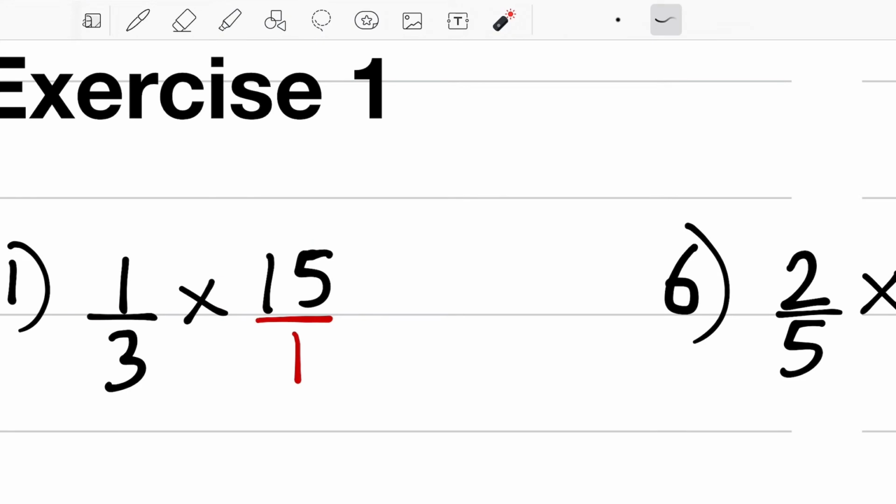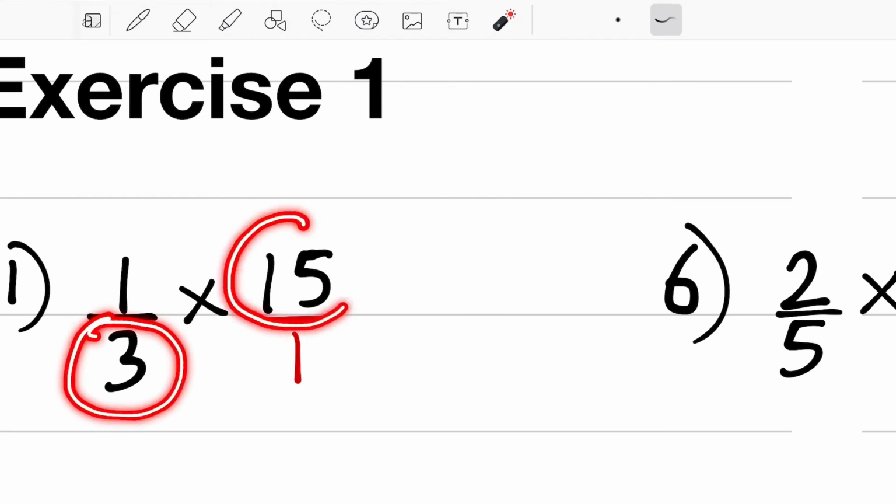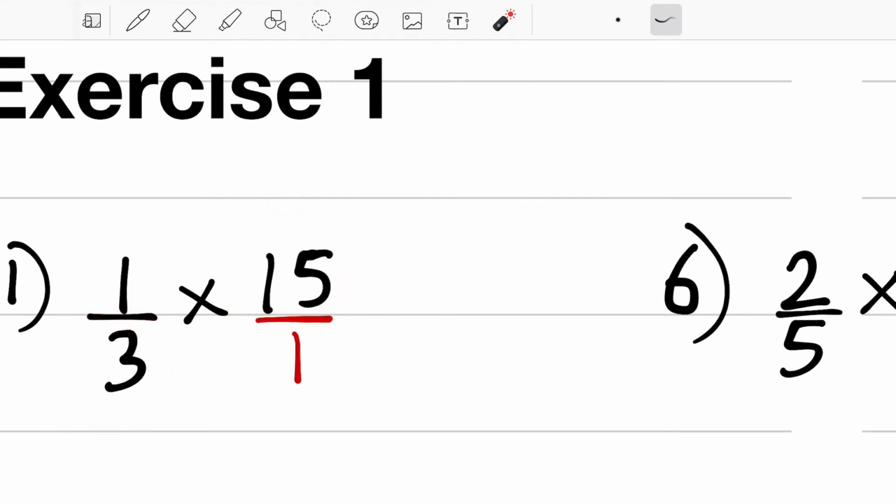So let me say it again but differently. Is there any number that 3 and 15 can be divided by and not give a remainder? Yes. 3 into 3 is 1 and 3 into 15 is 5. So no remainders, so we can do that.